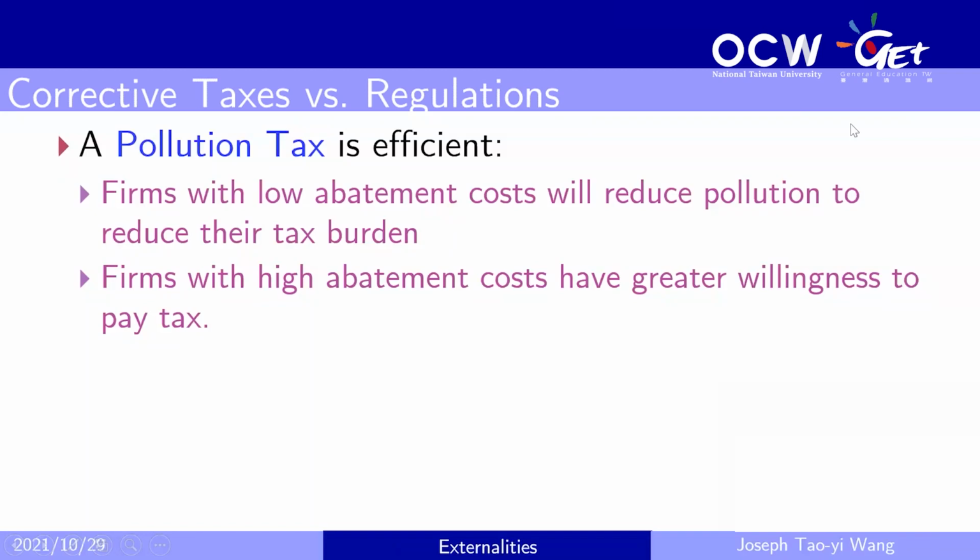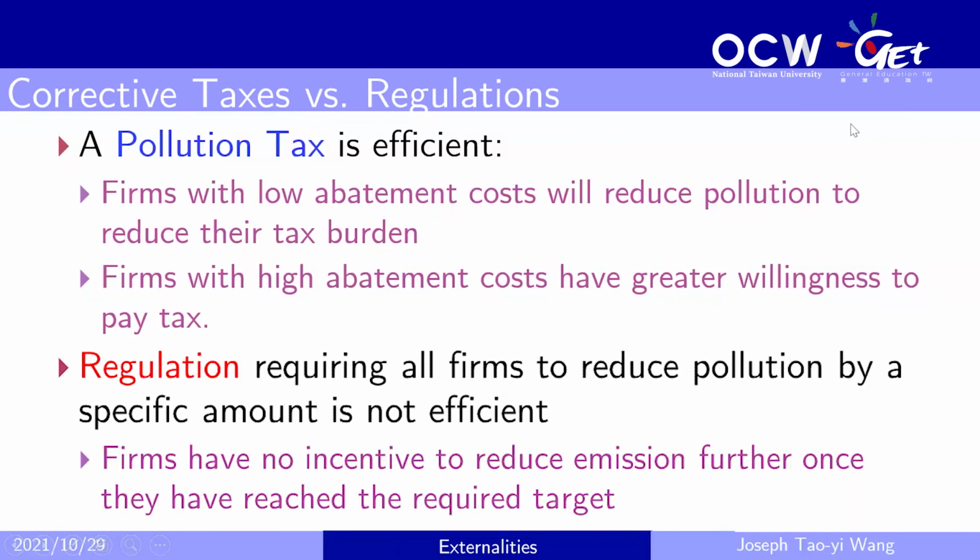So the total amount of pollution prevention can be the same, but you have the low-cost firms doing pollution prevention. And so in terms of the overall efficiency of preventing pollution, it's much better.